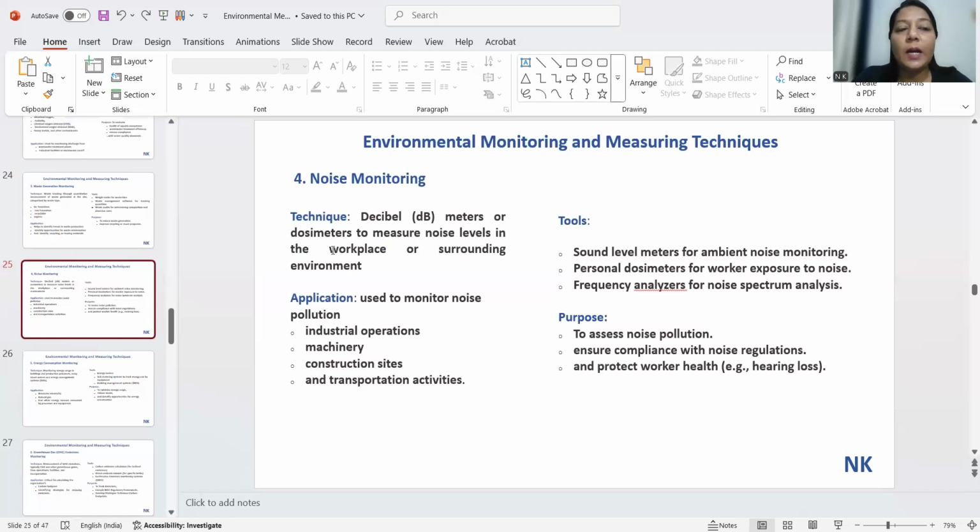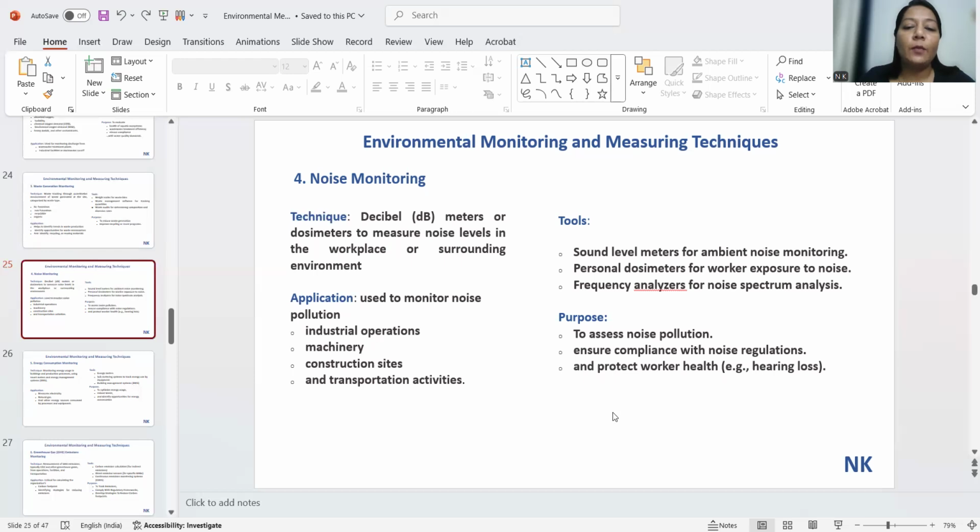In the application part, this technique is used to monitor noise pollution from industrial operations, machinery, construction sites, and transportation activities. In the tools part, we use a sound level monitor for ambient noise monitoring, a personal dosimeter for worker exposure to noise, and a frequency analyzer for noise spectrum analysis. So these are the tools to measure noise.